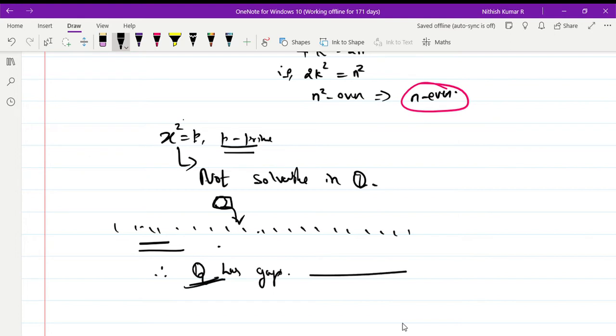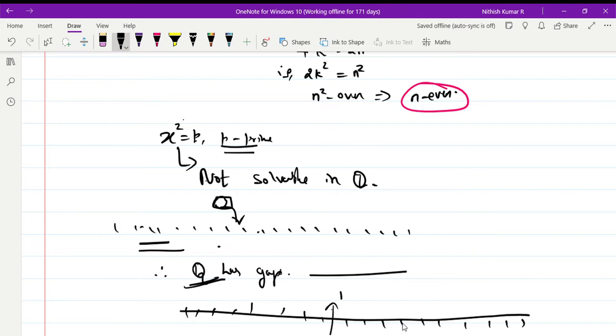So if I write all my rational numbers in a line, these rational numbers contain natural numbers as well as integers, but in this line there are some gaps. So we shall call these gaps irrationals.